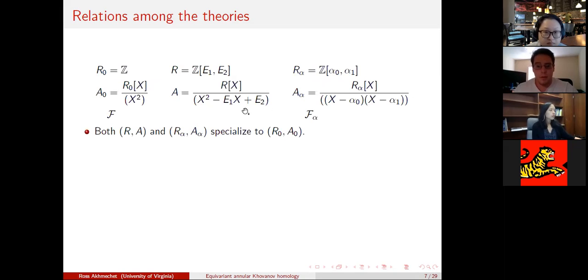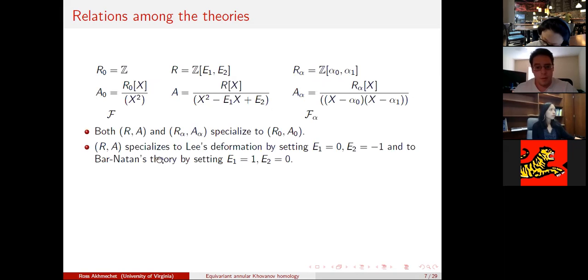You can see that clearly. But R, A specializes to the Lee deformation: you set E1 equal to 0 and E2 equal to -1, then the relation becomes x squared equals 1. So this is the Lee deformation. Once you do that, you can specialize variables in this other way, and you get what's kind of Bar-Natan's theory.